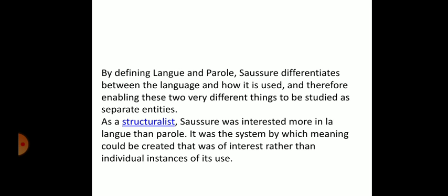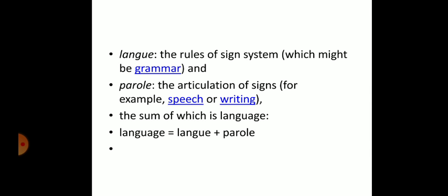So he was more interested in the Lang, the rules, the abstract system of the language structure, rather than the individual performance. So we can say Lang is the rules of the sign system, which might be grammar, and parole is the articulation of signs, for example, speech or writing.